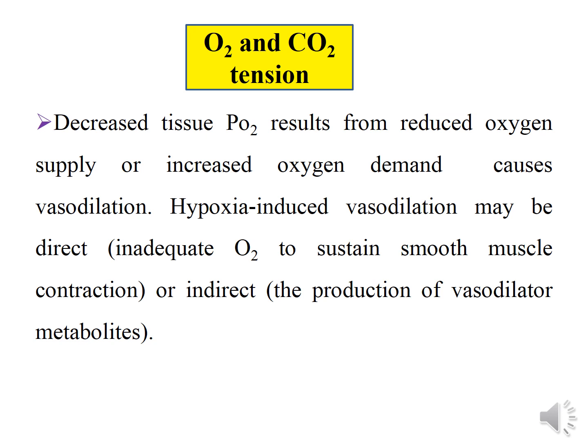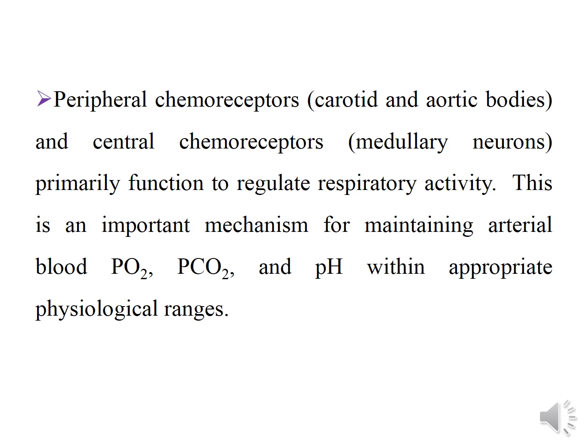Decreased tissue oxygen tension results from reduced oxygen supply or increased oxygen demand, and causes vasodilatation. Hypoxia induced vasodilation may be direct, as inadequate oxygen to sustain smooth muscle contraction, or indirect, through production of vasodilator metabolites.